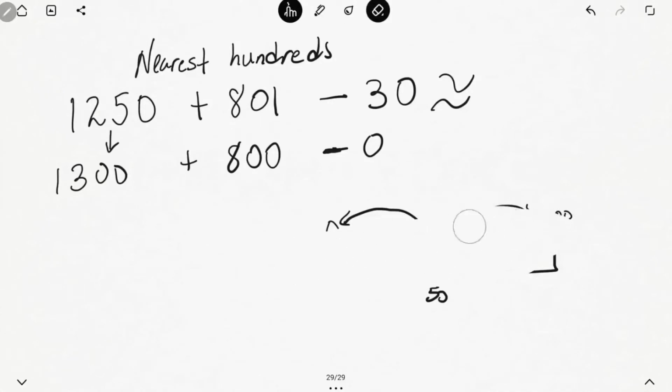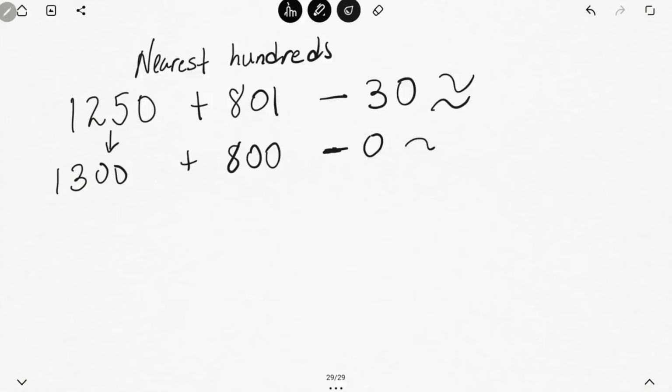So this 30 becomes 0. And in our number, we can say 1300 plus 800. All right, 1300 based on mental math. 1300 plus 700 is 2000. So 1300 plus 800 is going to be 2100. All right, it's going to be approximately 2100.